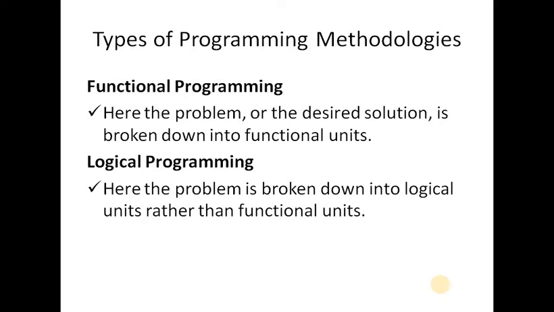For example, payroll processing can have functional units like employee data maintenance, basic salary calculation, gross salary calculation, leave processing, and loan repayment processing. These are the internal processes where we perform all the functional operations. So this is the concept of functional programming.